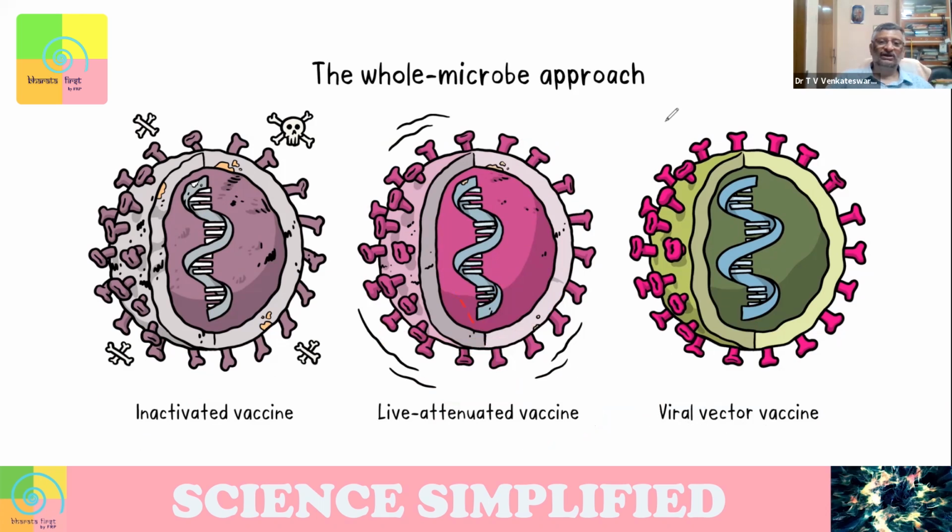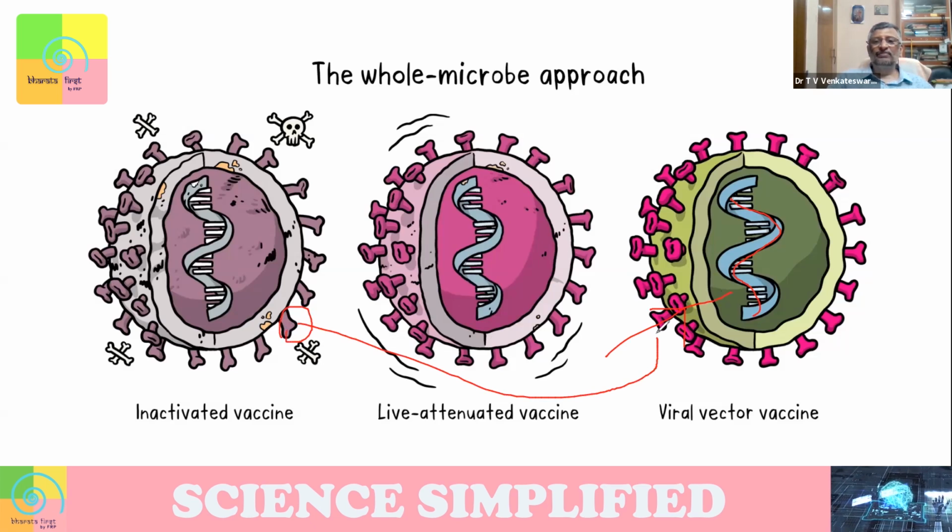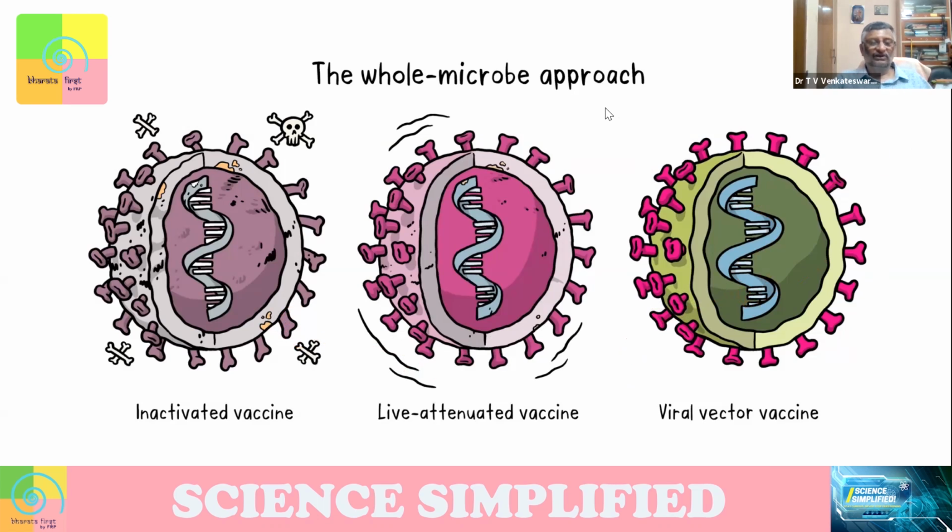So I take that virus, and in its gene I add the genetic information related to one protein of my pathogen. In the COVID case, we generally code the spike protein. So when this gene enters our cell, it will start producing this spike protein. Once the spike protein is produced, our body will produce the antibody for the spike protein without actually contracting the disease. So these are the three approaches.